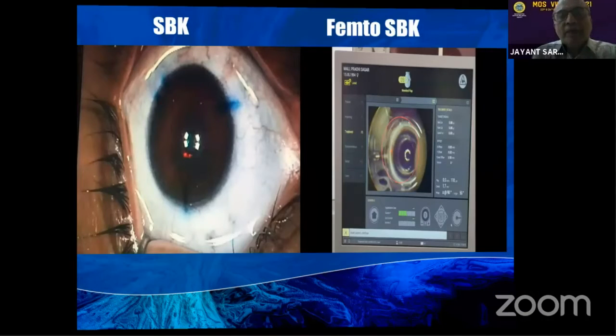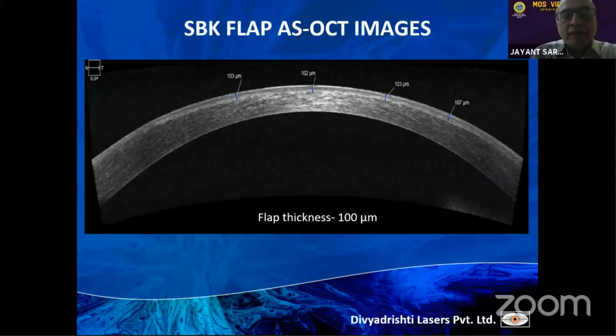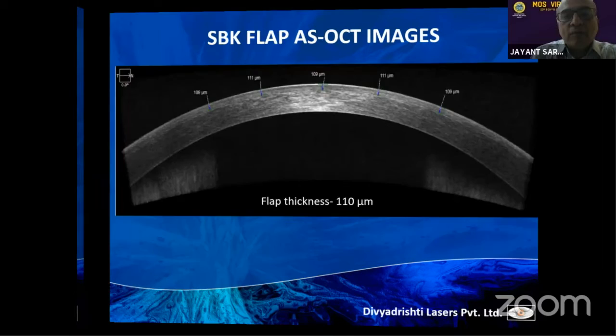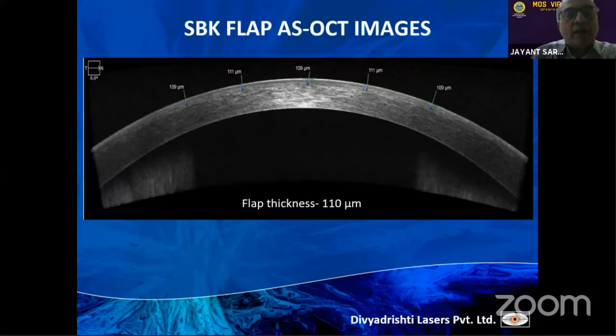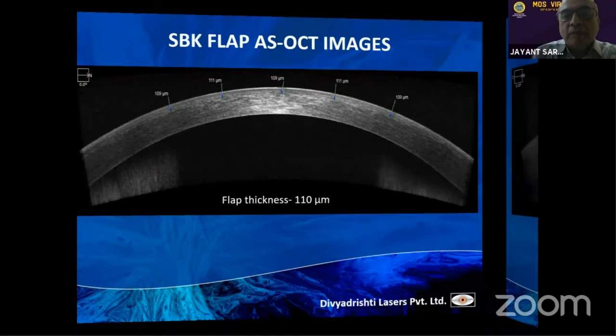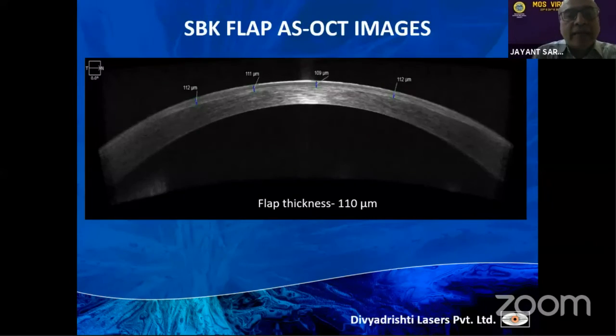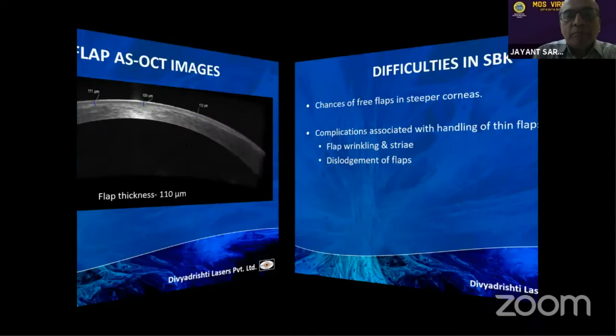So these are some of the SBK flap ASOCT images, which consistently show a planar profile of 102 to 107, with a variation of about 6 microns at most. So a 110 flap thickness gives you a predictable 109 to 112 micron flap, which is again planar.